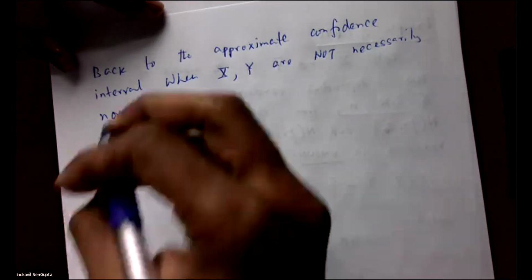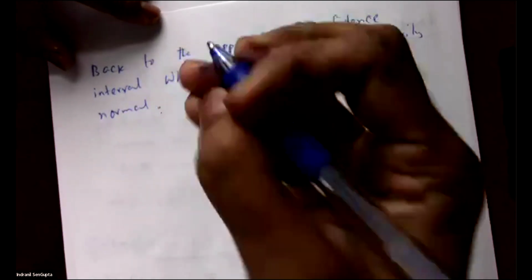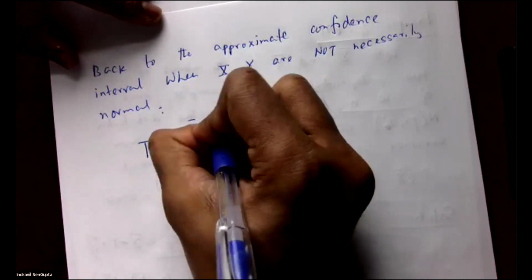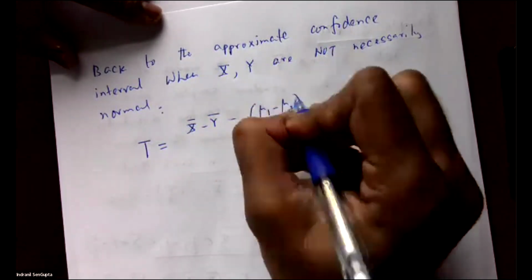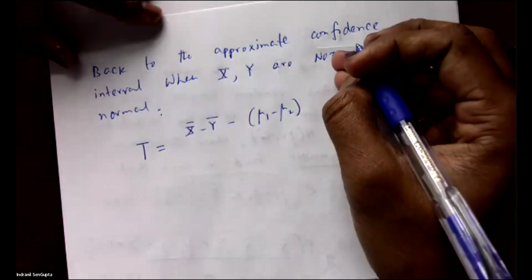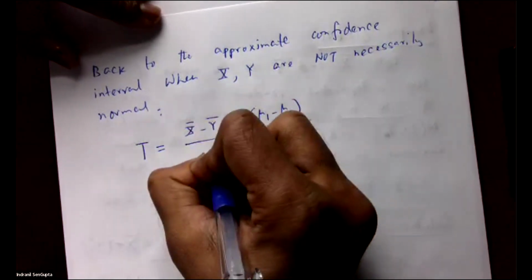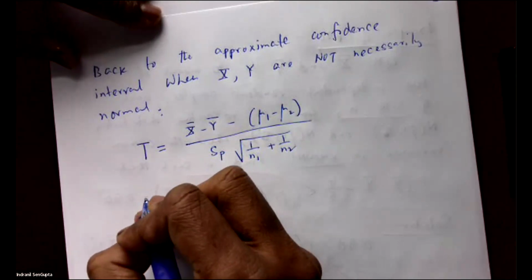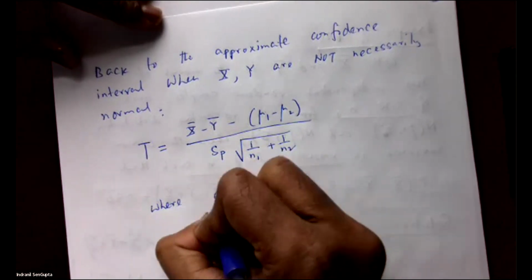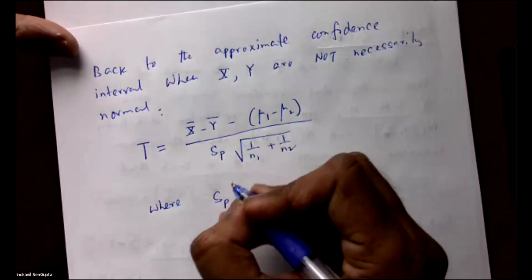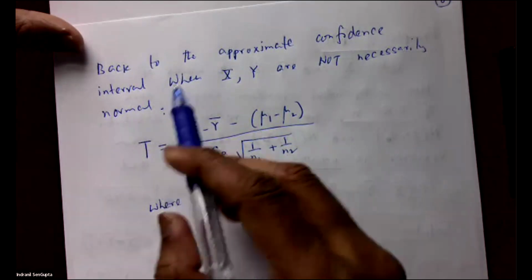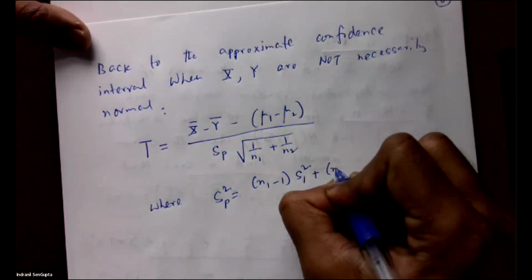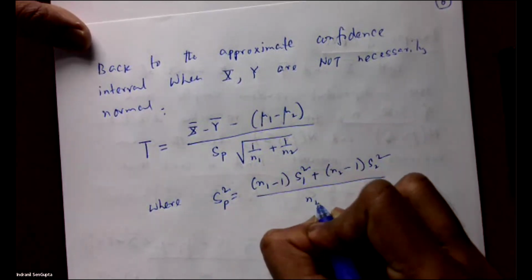It can be shown, and I'll skip this part, that in that case the quantity T, which is given by X bar minus Y bar minus (mu1 minus mu2), over SP times the square root of 1 over n1 plus 1 over n2, where SP squared is a sort of weighted average of the two sample variances of X and Y. It's given by (n1 minus 1) s1 squared plus (n2 minus 1) s2 squared, over n1 plus n2 minus 2.